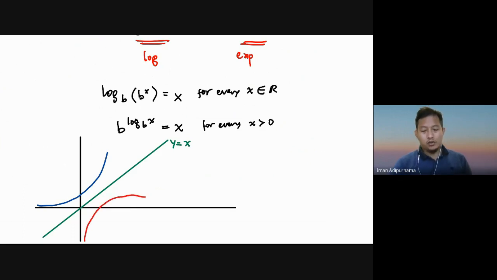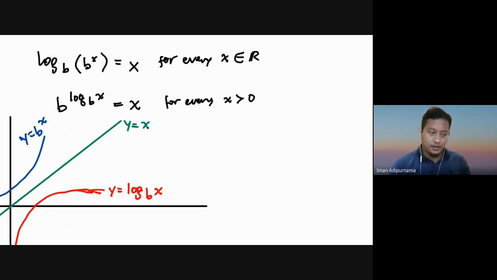More or less, this is the function. So this is log, and this is the exponent. As x approaches 0, it's going down.